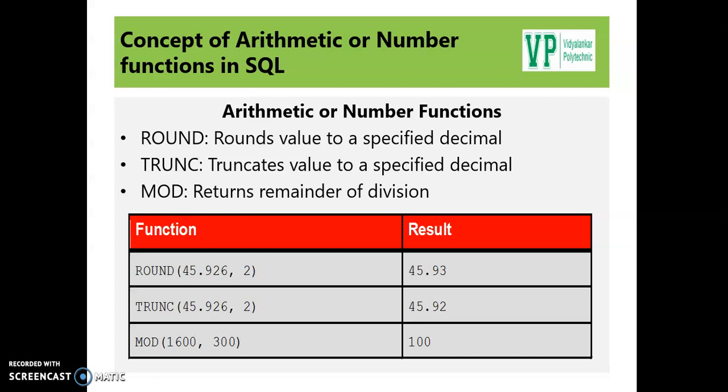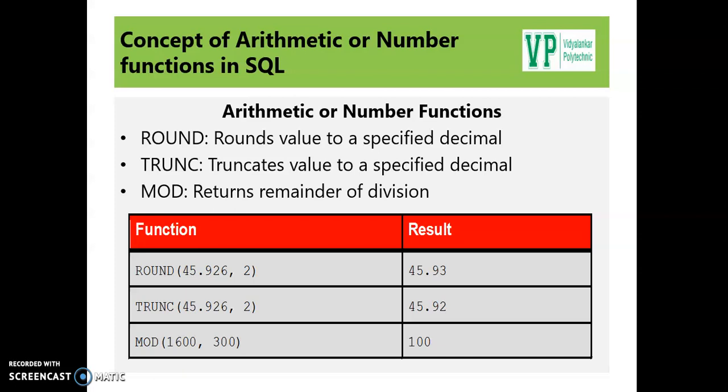The round function considers the next digit of the specified decimal. This 6 is greater than 5, so it converts the 2 into 3. So the resultant value is 45.93, only because of the digit 6, which is present at the third position after the decimal point.